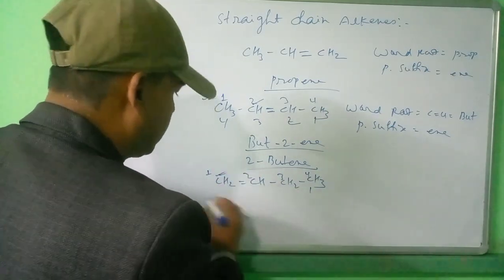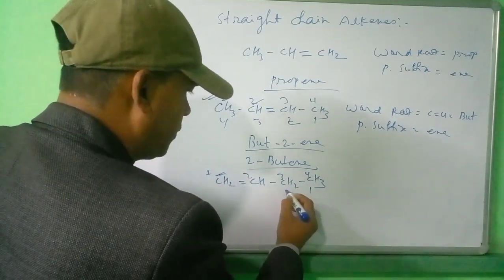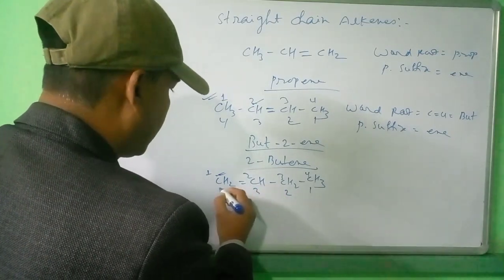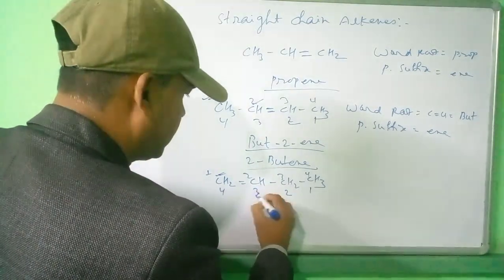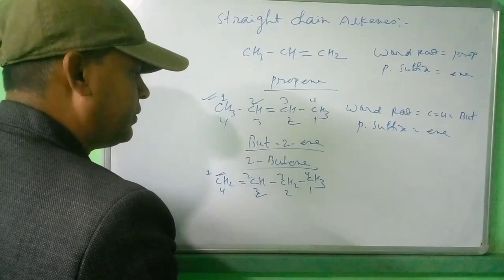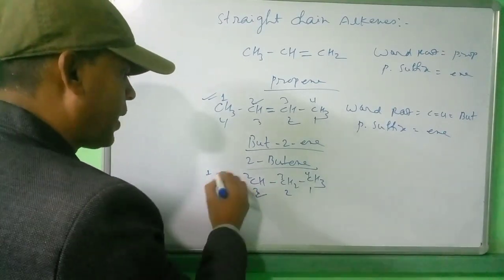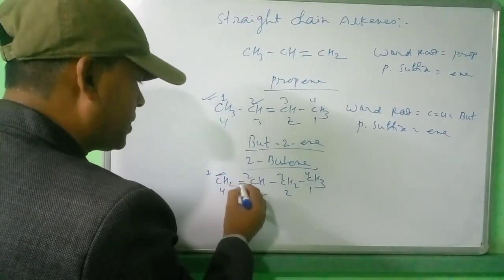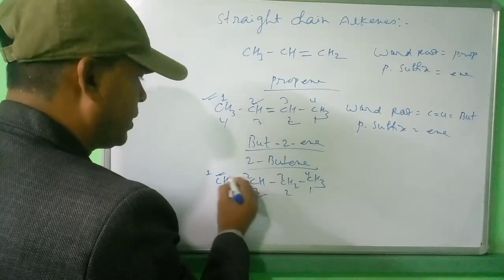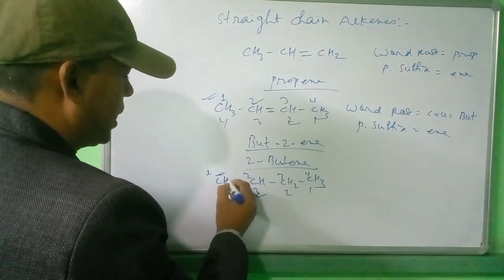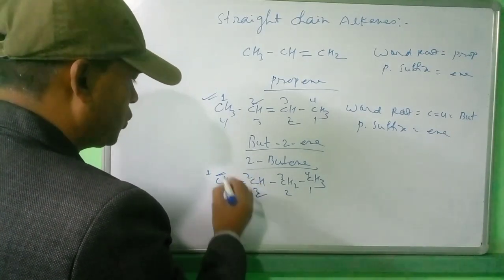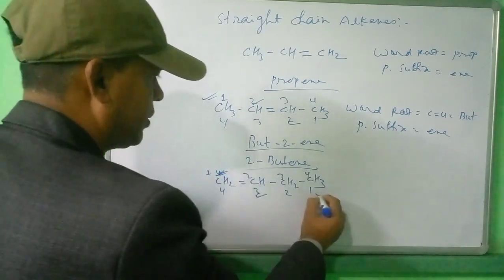The first carbon has the double bond. Right to left, 1, 2, 3, 4, the third carbon has the double bond. So we give priority to left to right, because we have to give the lowest possible number to the double bonded carbon. At first the double bond starts here, so this way is the correct way and this way is the wrong way.